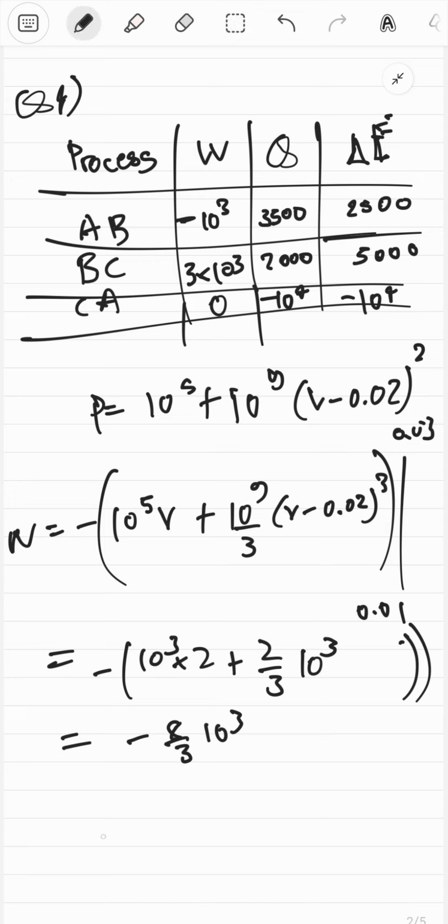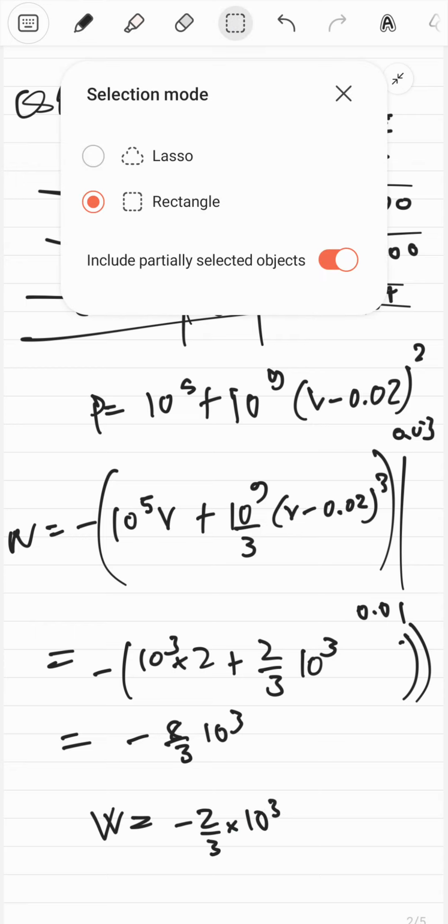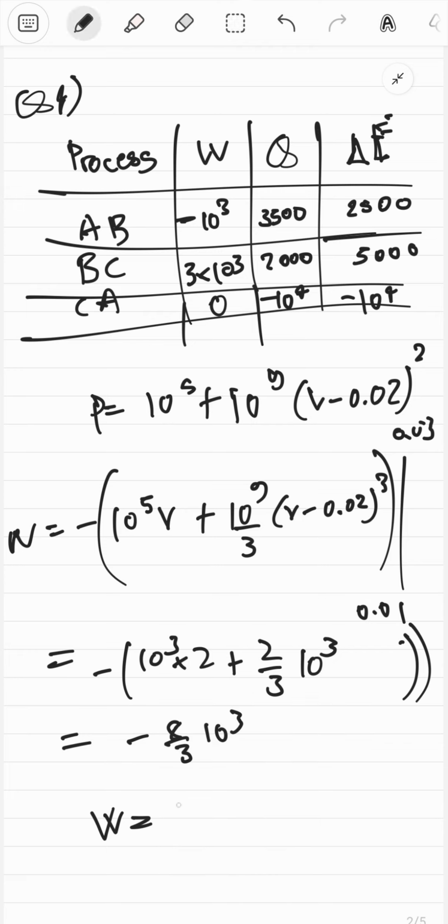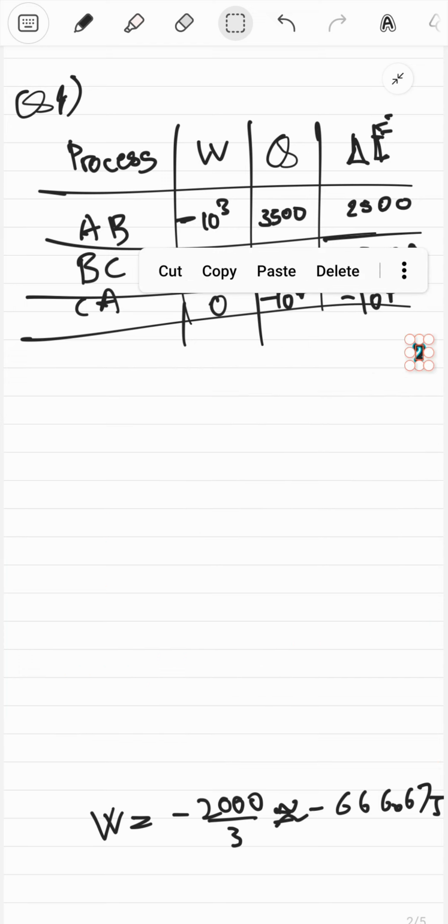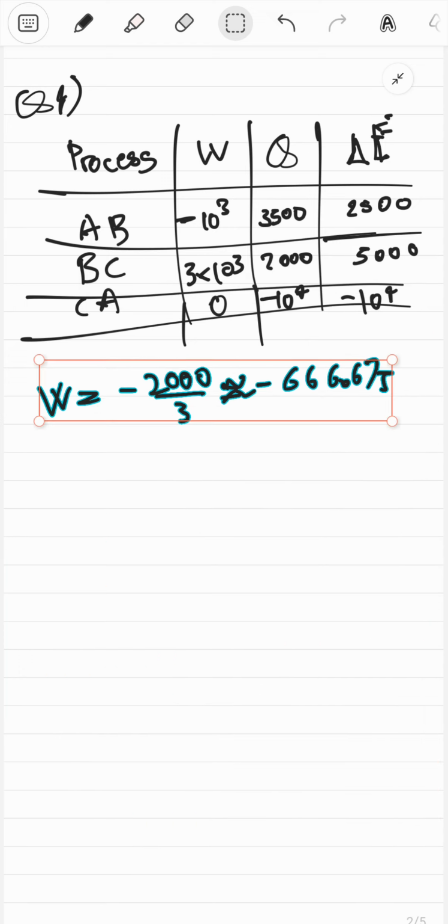So W is just minus 2 by 3 times 10 power 3, so 2000 upon 3 if you prefer, which we can approximate, so 6.7 approximately joules, obviously. So 6.67 joules.